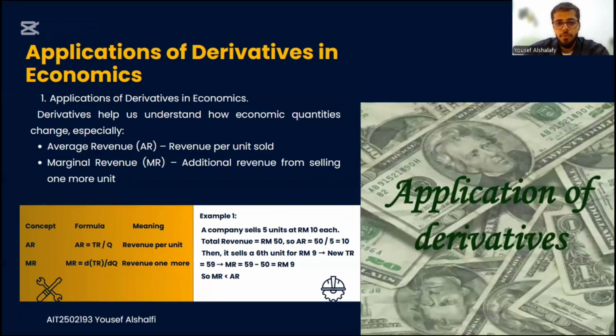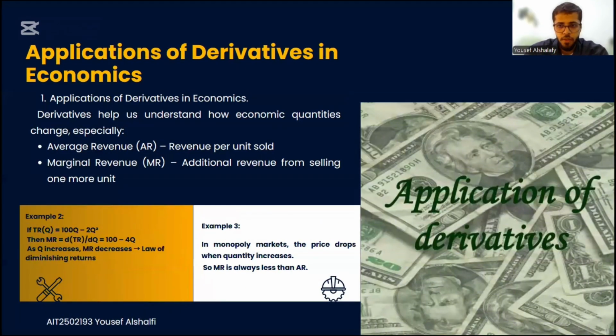So when we move to the next example, we see the total revenue with quantity. For example, we take TR equals 100Q minus 2Q squared over 2. And the marginal revenue is going to be the differentiation of the total revenue over the differentiation of quantity.